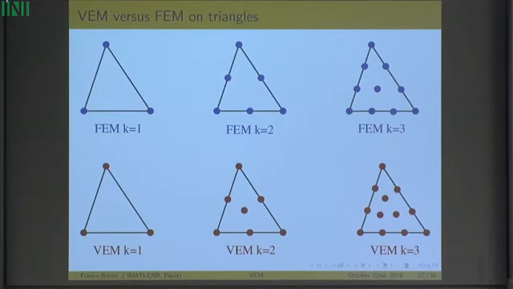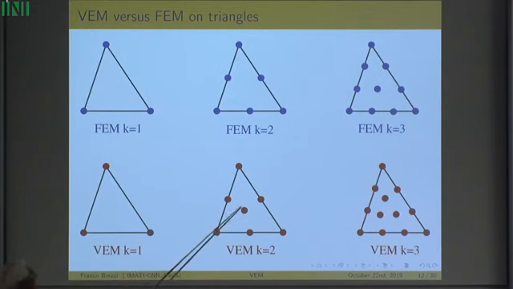We have a method, and okay, I'll tell you, you should believe me. It converges with order k, of course, if the solution is smooth enough. But if you compare essentially with finite elements, we have seen that for k equal to 2, remember, we need inside the moments up to degree k minus 2, which is 0, so the mean value.